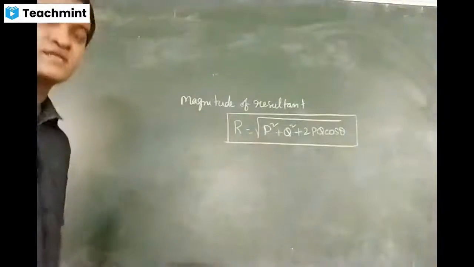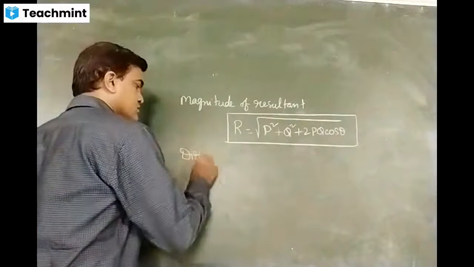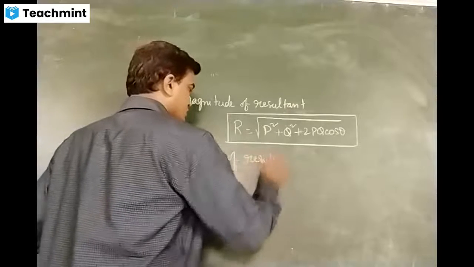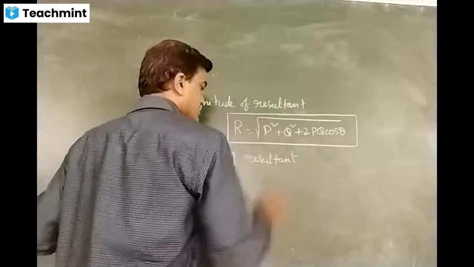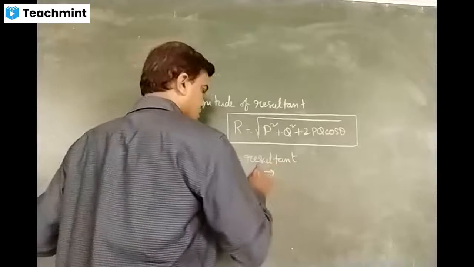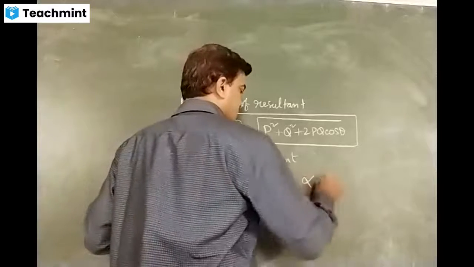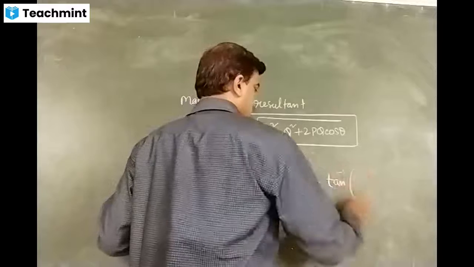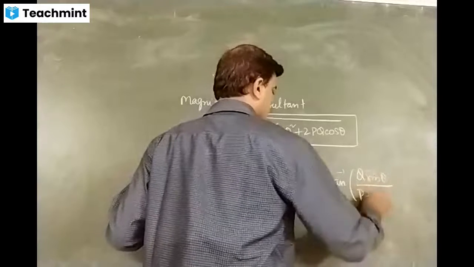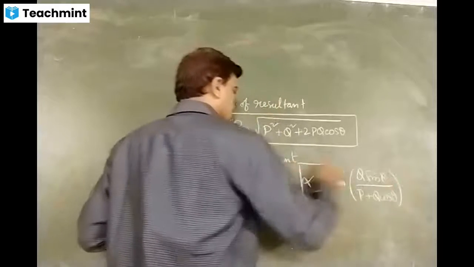And if I ask you the direction of resultant, what would be the formula? The direction of resultant with P bar is alpha, equal to tan inverse of Q sin theta upon P plus Q cos theta.